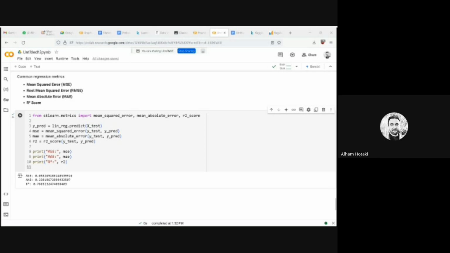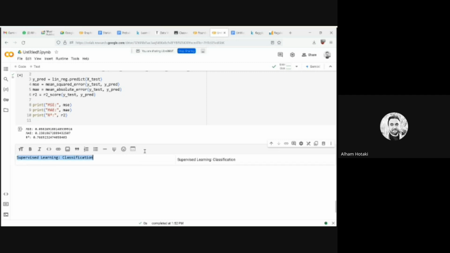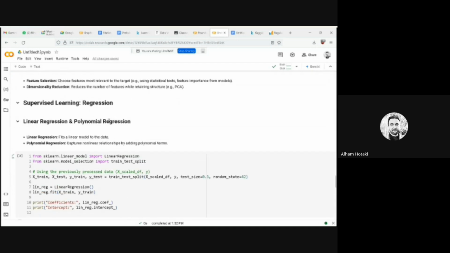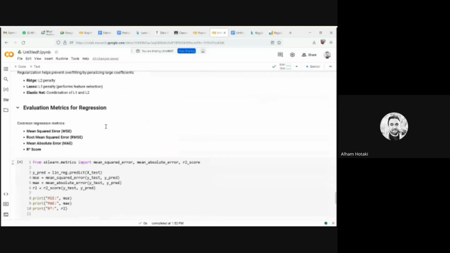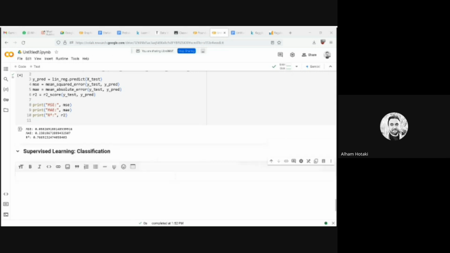From this point on, we will still be doing supervised learning, and within supervised learning we will now go to the classification problem. We already made a classification model, which was logistic regression.